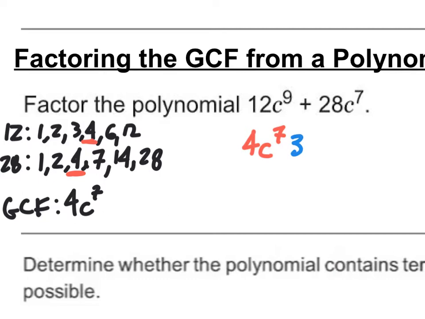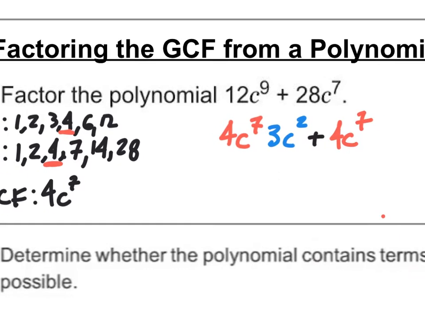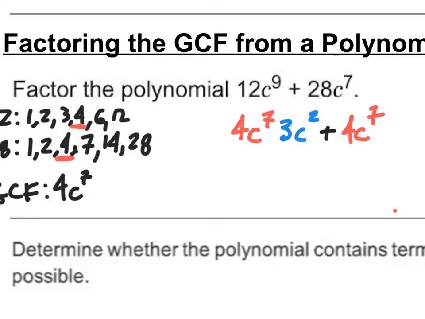And then c to the 7th times c to the what gives me c to the 9th? That's just going to be c squared. Then I'm going to do plus. If I rewrite 28c to the 7th and factor out the greatest common factor, 4c to the 7th, then we are simply left with times 7.